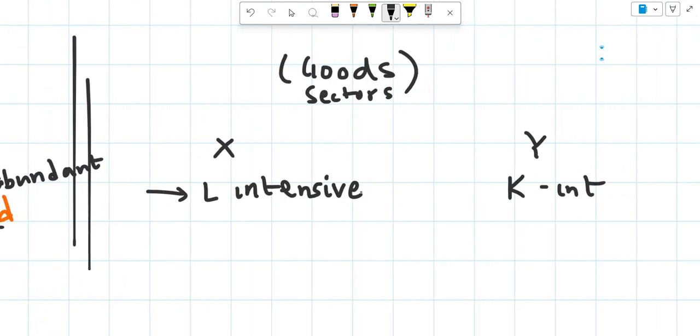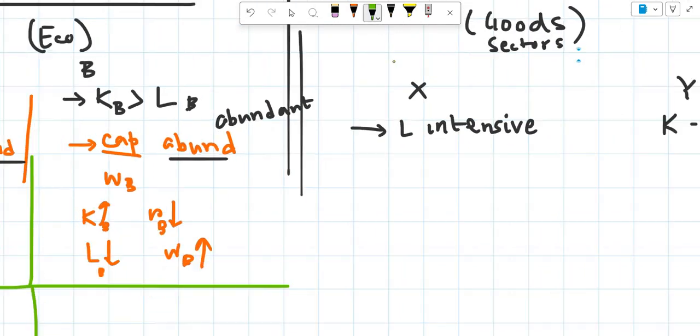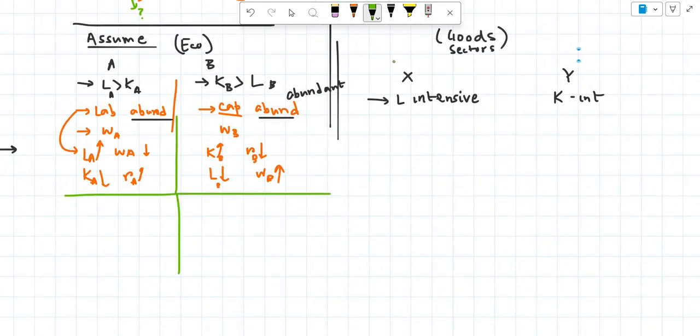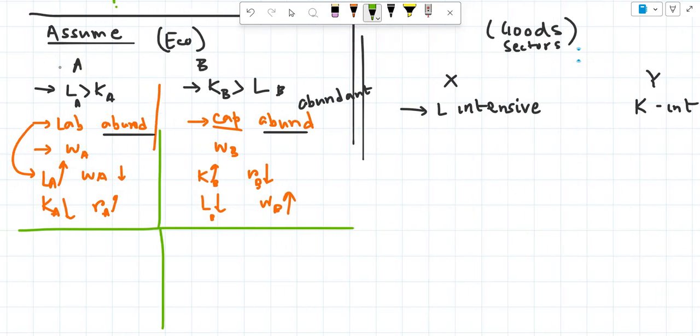So this is one assumption. Now let's try to find out what this means without using any economic theory. Country A is labor abundant, so it has more labor. Suppose you're good in one subject. It should mean that you will get more marks in that subject because you're more efficient in it.